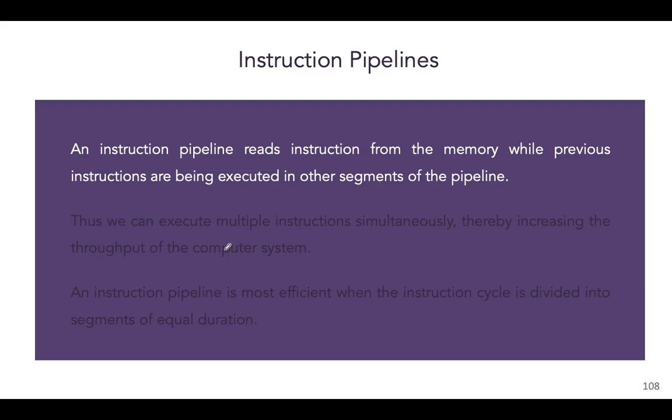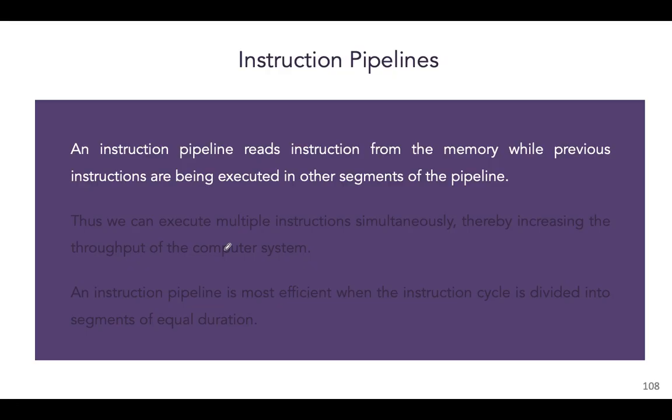Now let's talk about instruction pipelines, the second kind of pipeline. Instructions within a computer system at any given time, you have to perform multiple instructions. So rather than waiting for each instruction to finish and then picking up the new instruction, you can try to execute them simultaneously, and that is what an instruction pipeline does.